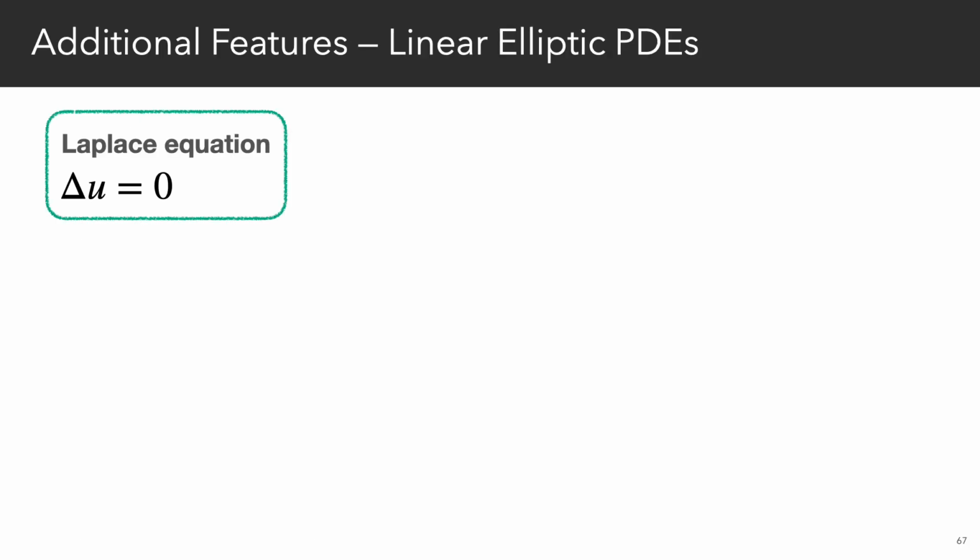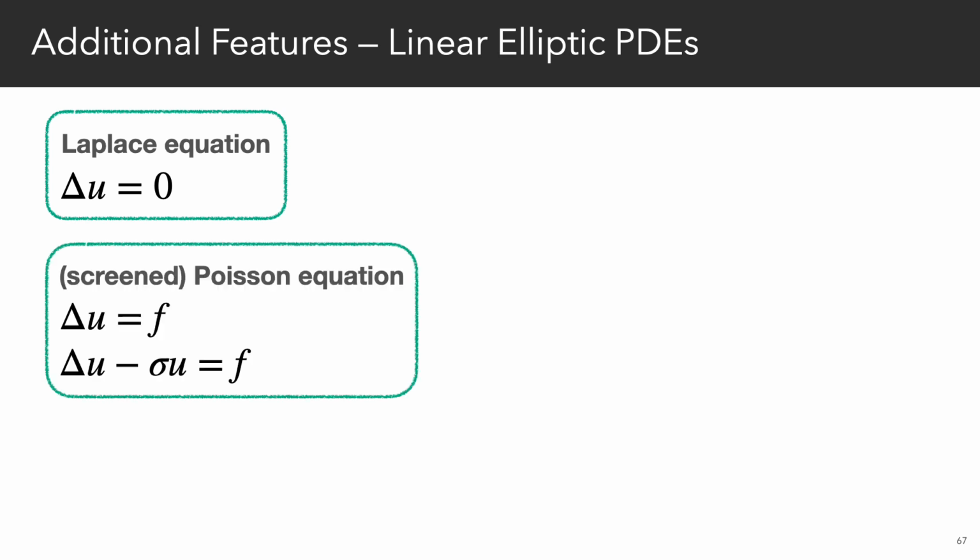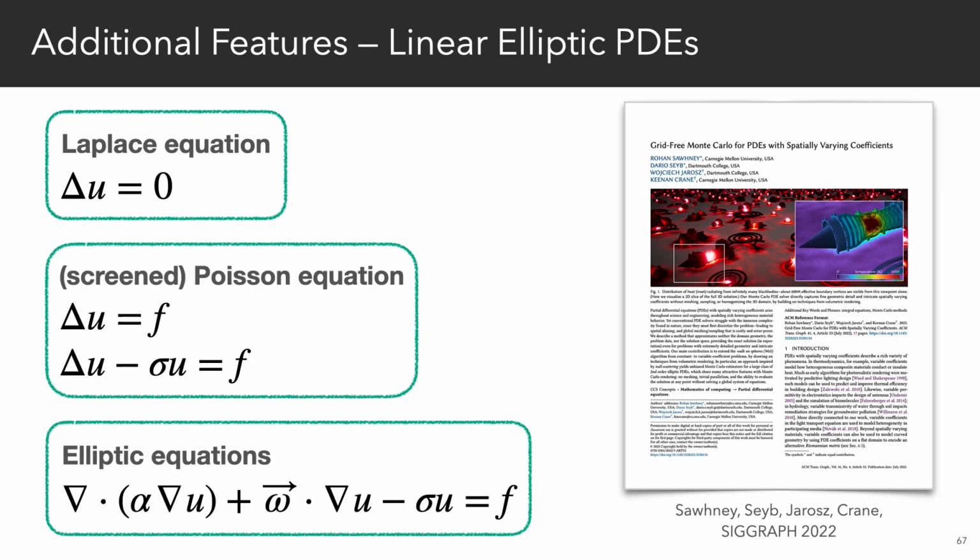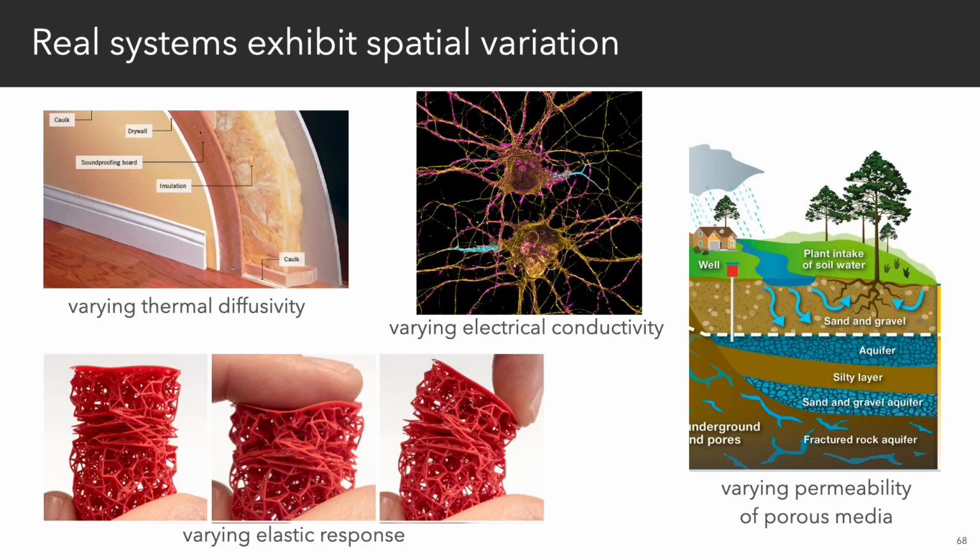In this talk, we focused exclusively on the Laplace equation, but our method extends immediately to Poisson equations as well, and in principle to a much larger class of second-order linear elliptic equations with varying material coefficients, which are needed to model real-world physical systems that have complex variation.